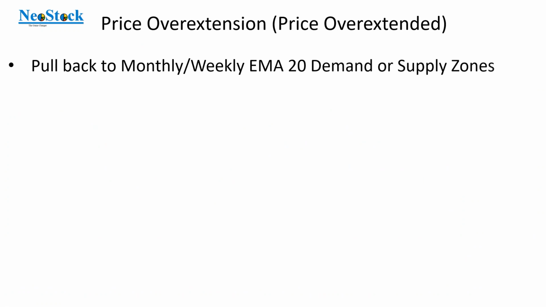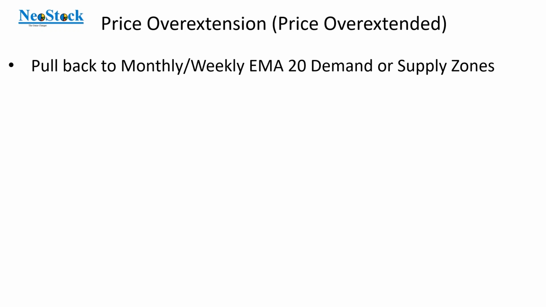See, pullback to monthly or weekly EMA 20 demand or supply zone. Assume on the monthly chart there is an overextension towards the monthly EMA 20, comparing from monthly EMA 20. Or on the weekly chart, prices are overextended, comparing with weekly EMA 20. So obviously, once prices are overextended, it has to complete its overextension.